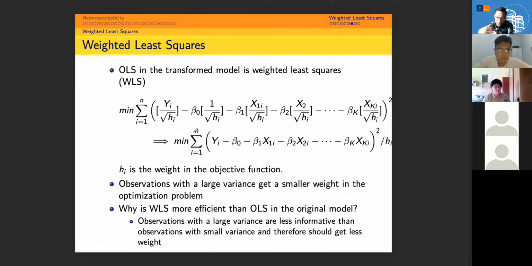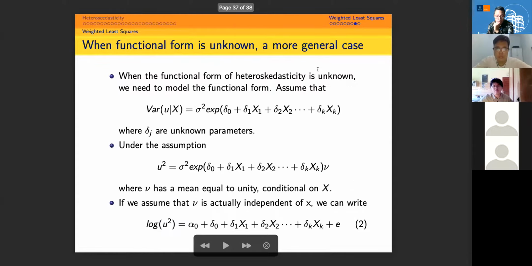But if you have a small variance, the information is quite valuable for the estimation, and so you should give it a larger weight. That's why WLS is more efficient, because you give lower weight to observations with the larger variance. So that's the idea of the WLS and why it produces a lower variance than the standard OLS.